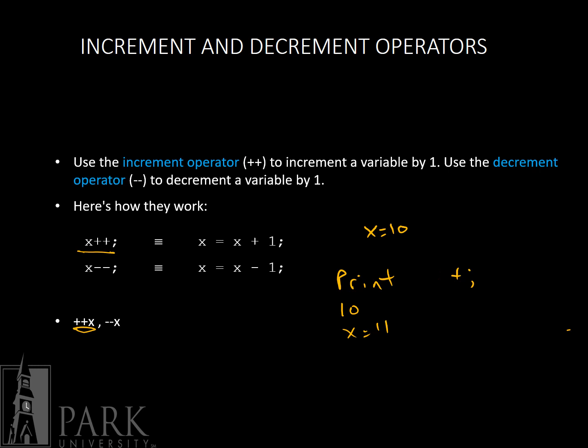If you use the prefix notation, where we have the increment operator first, plus plus x, it's going to print out 11, because it applies the operator before it's used in the expression, whereas the other way it used the variable in the expression and then applied the operator. So that's the difference between the postfix and the prefix notation on the operator. Let me erase this here.